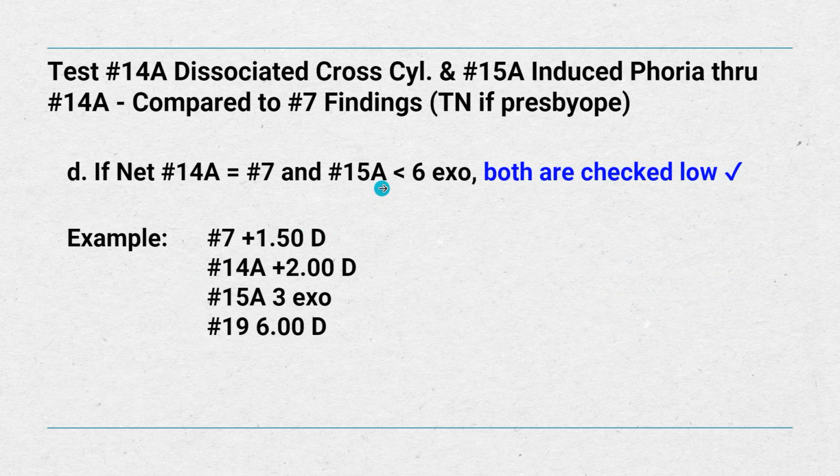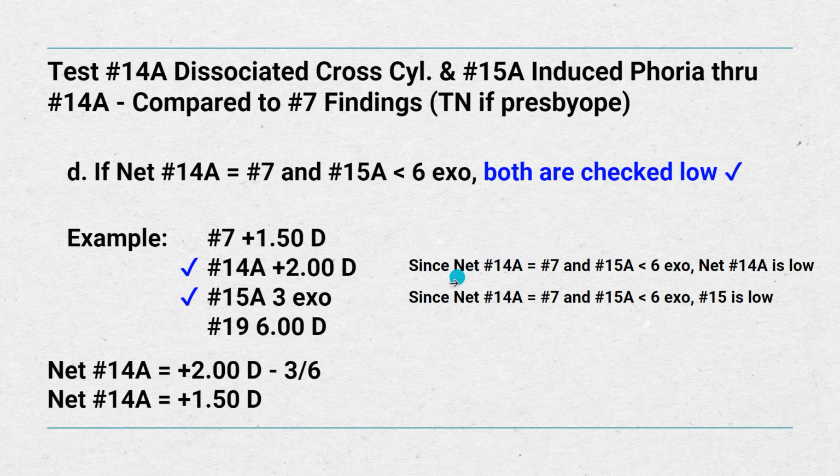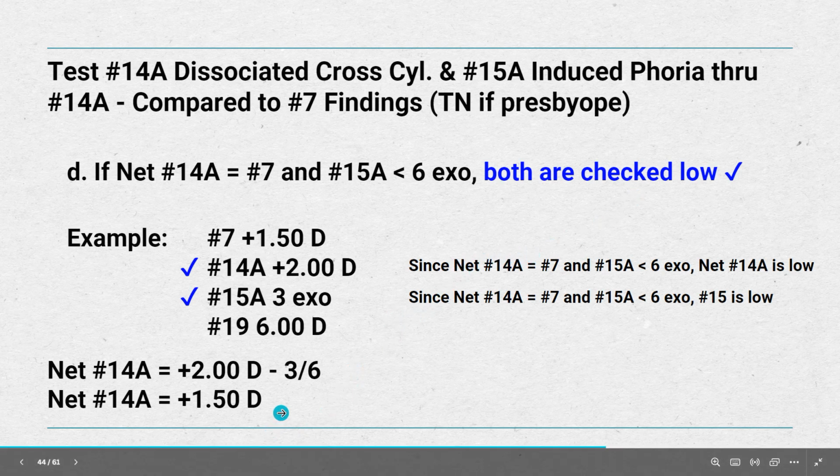Then, if our 15A is lesser than 6XO, that is where you check them both low. So in this example, the net number 14A is the same as before.